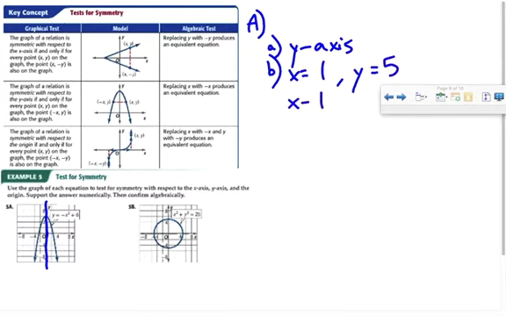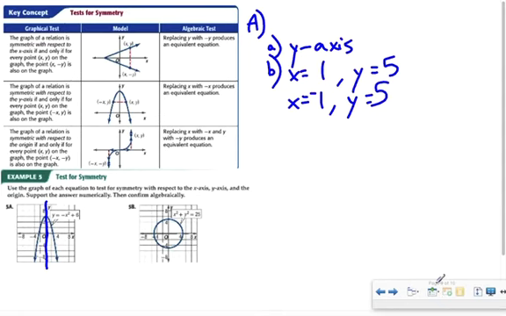If I plug in -1, if this is truly symmetrical over the y-axis, then y will also equal 5. So if I plug in -1, -1 squared is +1, but I still have a negative sign there, so now it's back to -1 plus 6 is 5. So y does equal 5.